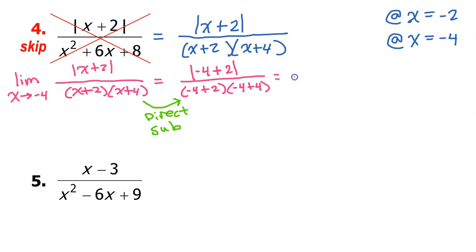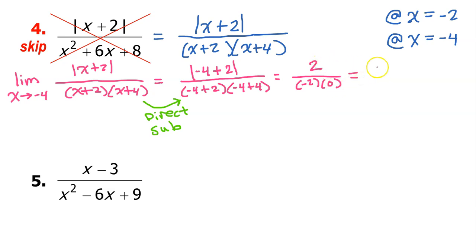If we simplify this down a little bit, well, we have -4 plus 2, so that's -2 inside the absolute value. But of course, the absolute value of -2 is +2. And then we have -4 plus 2, so that's -2. And -4 plus 4, well, that's 0.